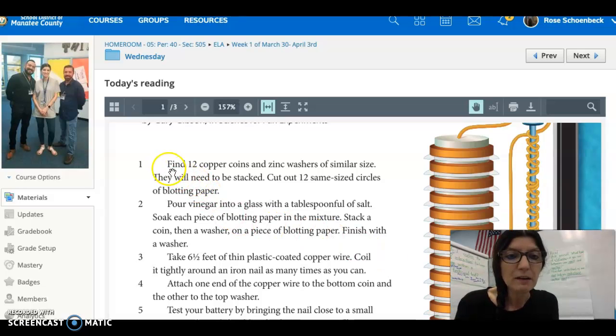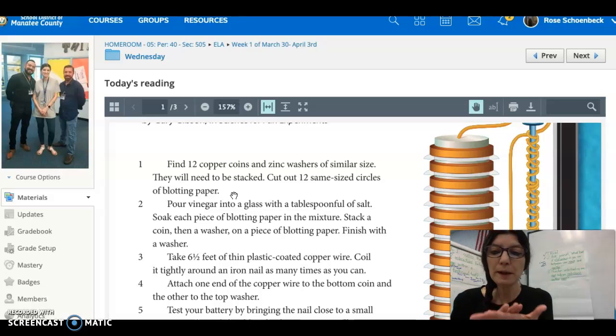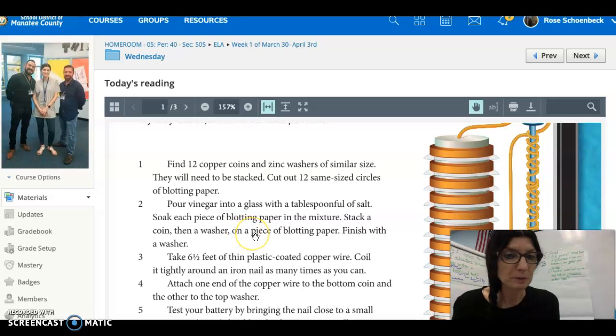So number 1, find 12 copper coins and zinc washers of a similar size. They will need to be stacked, and cut out 12 same-size circles of blotting paper. Now, blotting paper looks almost like tissue paper, and it can absorb liquid a little better. Almost like notebook paper can work.